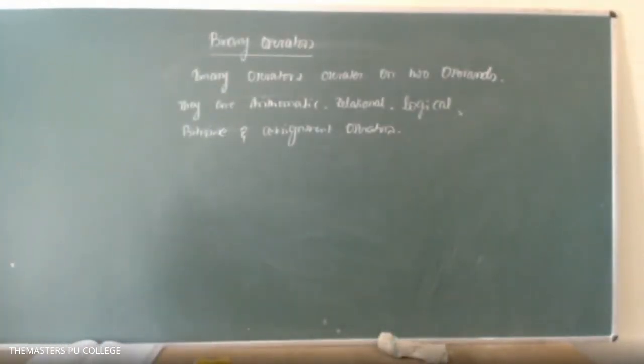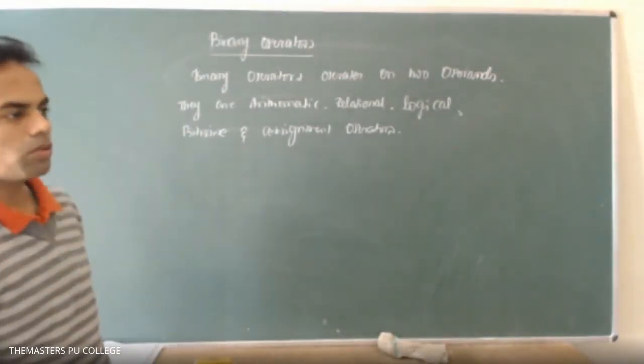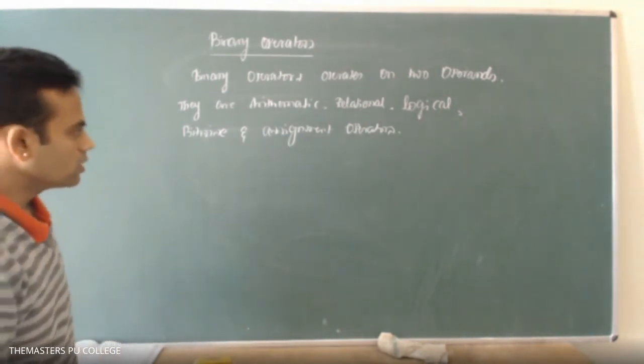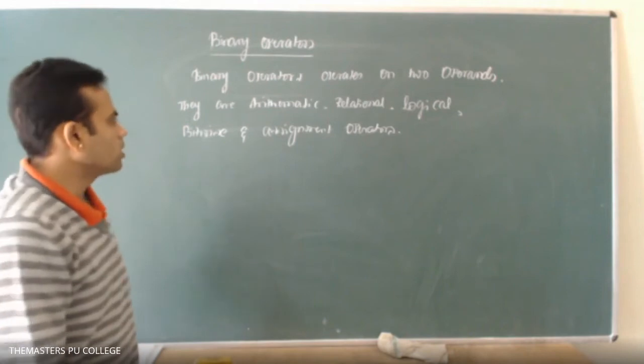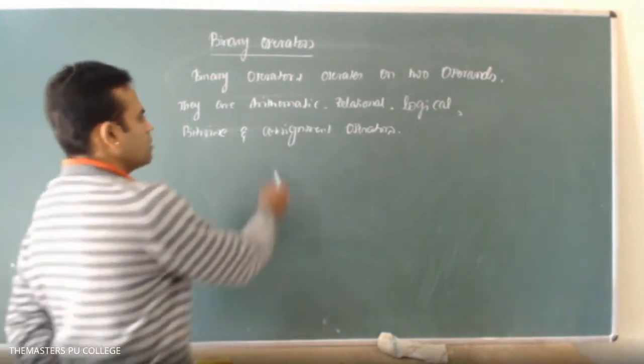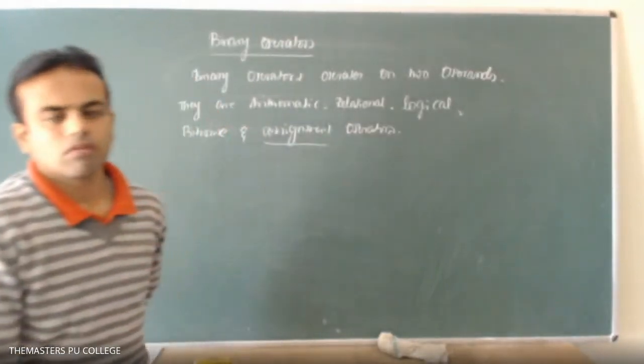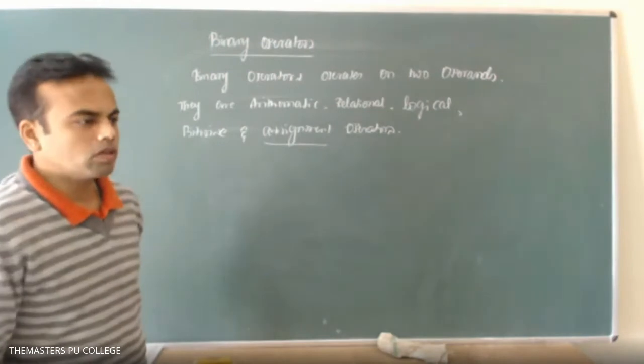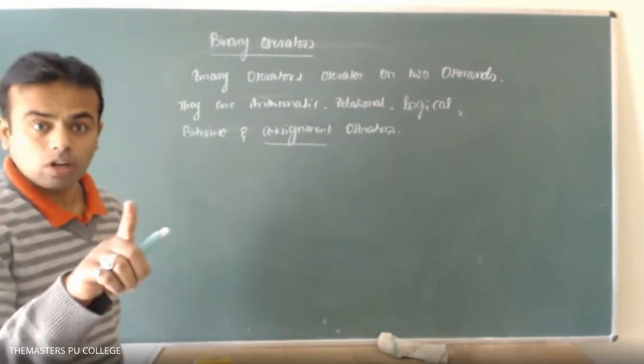These are all the binary operators which operate on 2 operands: arithmetic operators, relational operators, logical operators, bitwise operators, and assignment operator. Which is the assignment operator? Equal to is the assignment operator. Only one is there.